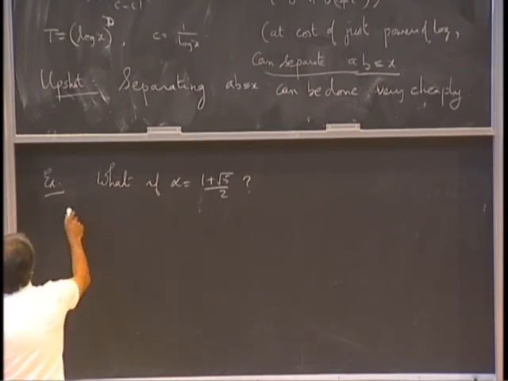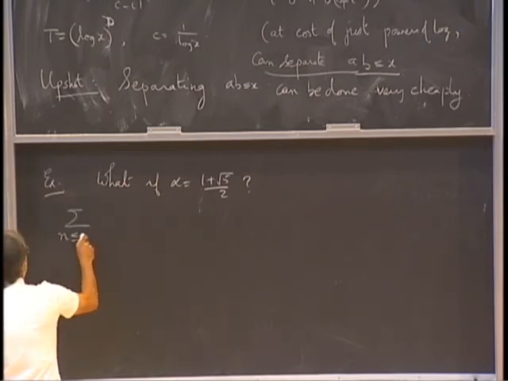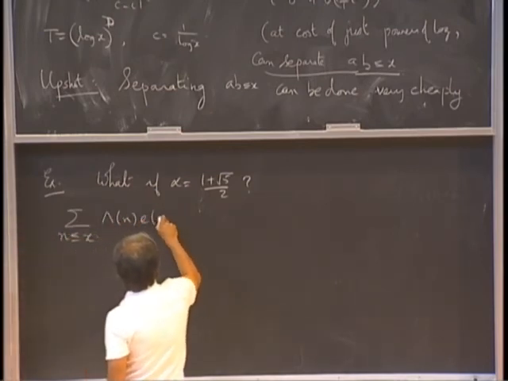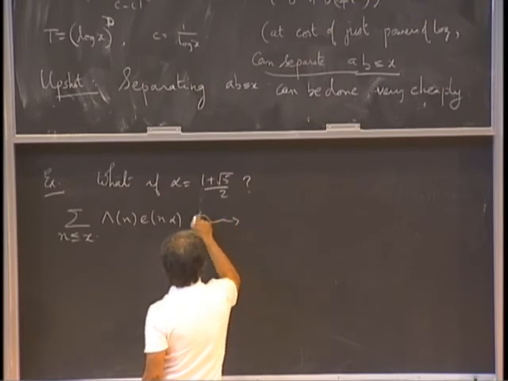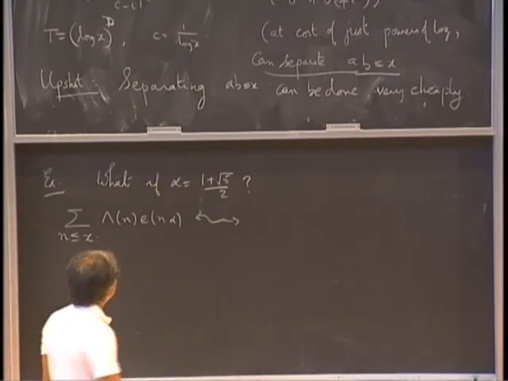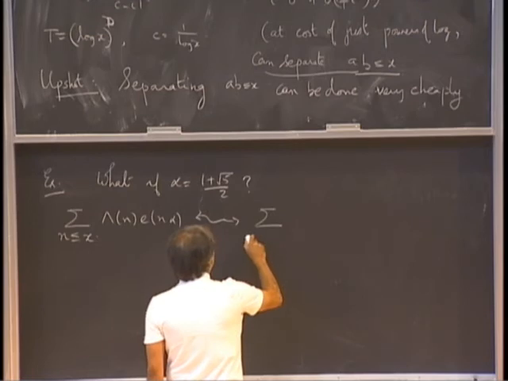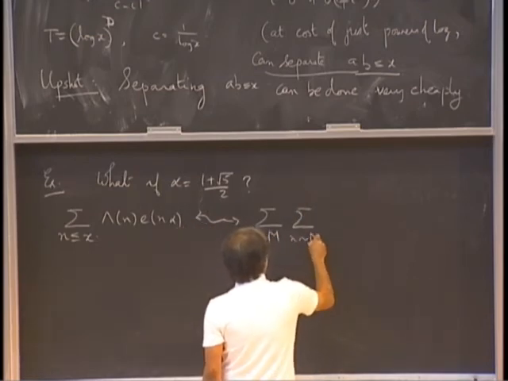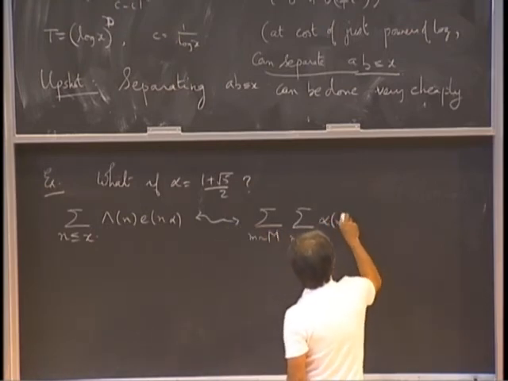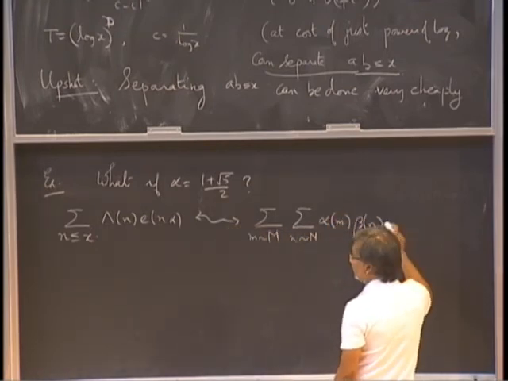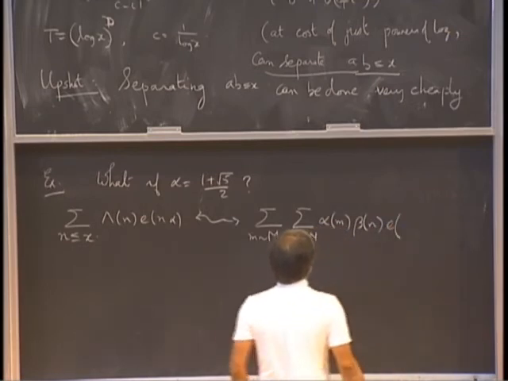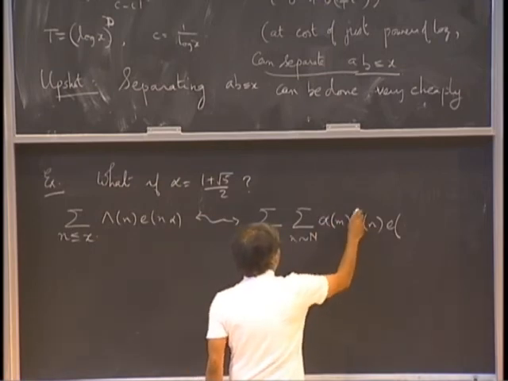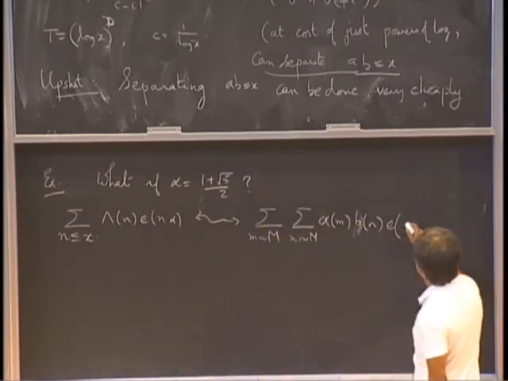Let's pretend that instead of this situation, lambda n, e of n alpha, I can convert it to a problem about bilinear forms, where m is of size M and n is of size N. Maybe I have some coefficients a_m, b_n, and then e of alpha mn.